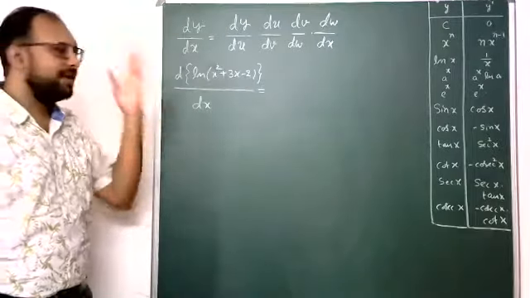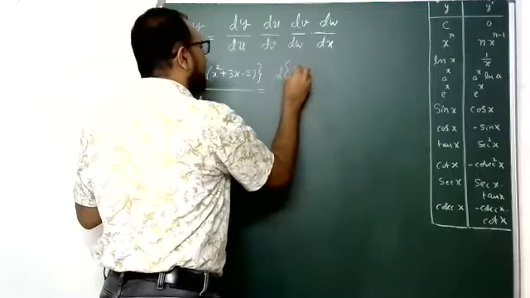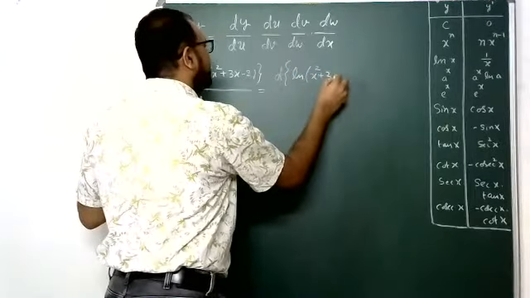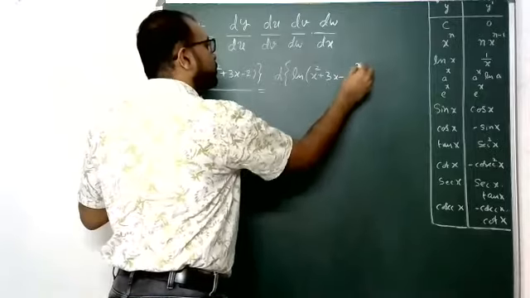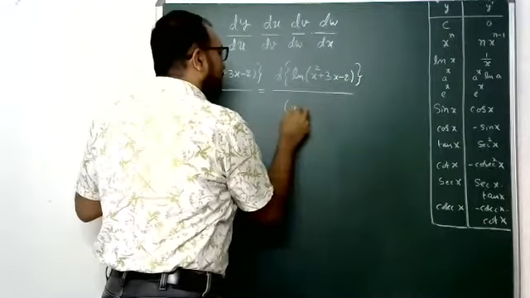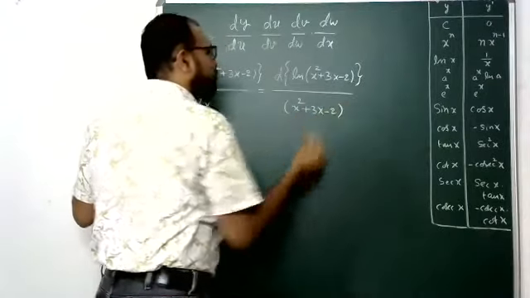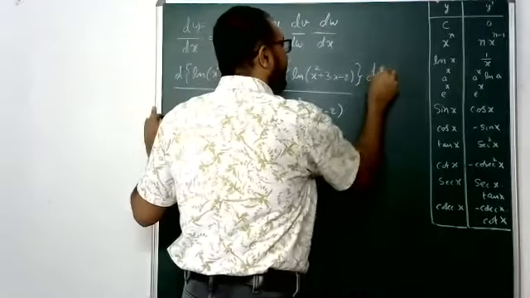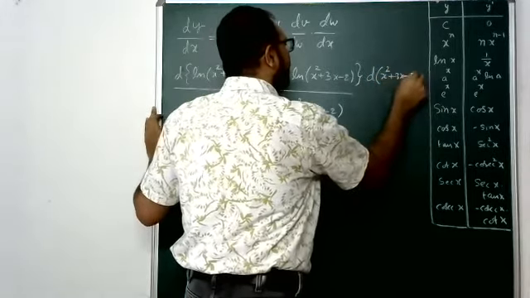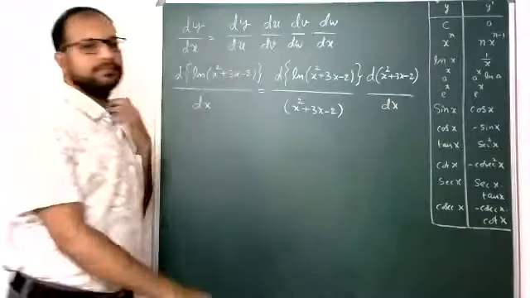See, very simply I will apply. Derivative of ln of (x square plus 3x minus 2) with respect to (x square plus 3x minus 2) into the derivative of (x square plus 3x minus 2) with respect to x.